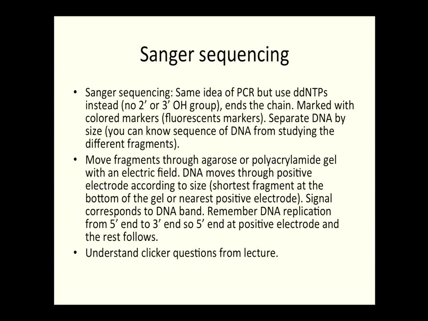So the 5' end of DNA, which electrode will that proceed towards? The positive or negative? Positive. So know that DNA elongation happens from 5' to 3'. So the 5' end will go towards the positive electrode.